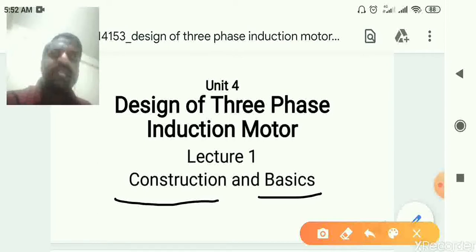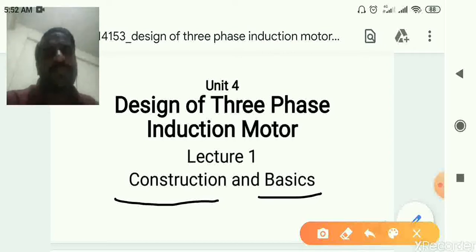Friends, we have already discussed in the class the design of transformer and design of DC machine. Now the design of three-phase induction motor is simpler if one knows how to design the DC machine at given constraints, because like the DC machine, the induction motor is also a rotating type of machine.